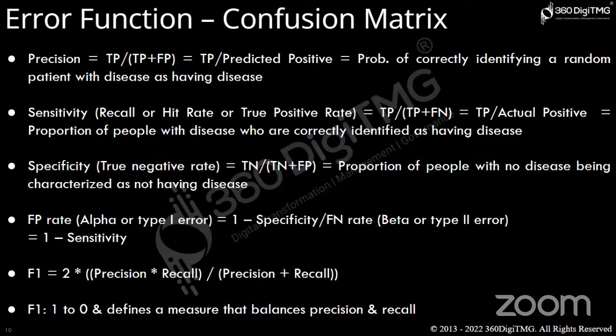So it is the probability of correctly identifying a random patient with disease as having disease. Sensitivity is also called recall or hit rate or true positive rate. Here we are completely looking into the actual positive values: true positive by actual positive. So what we are getting here is the proportion of people with disease who are correctly identified as having disease.